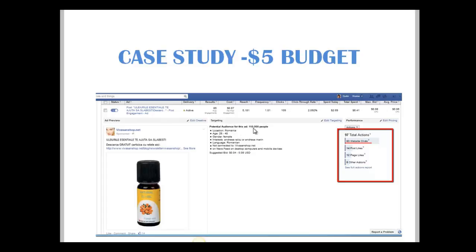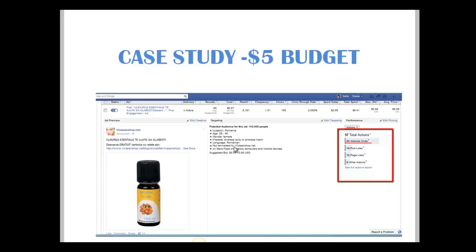I targeted 110,000 people. Location Romania, age 28 to 45, gender female. Interest, Andreea Raicu and Andreea Marin, they are celebrities in Romania. They have a big following and I can find my target customer on their pages because they speak a lot about fashion, creams, makeup, shoes.